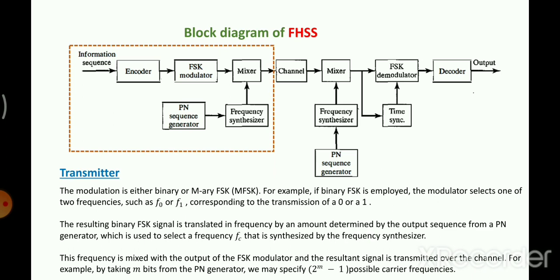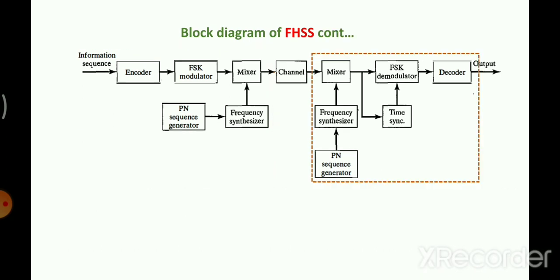Okay. Now let us go to the block diagram again and see the dotted part, which is now the receiver. In the receiver it is the same process, except we have a time synchronizer which can sync the timing. It is very important that it is timely synced, so that the same PN sequence that we have given will be available with the receiver to decode the signal.